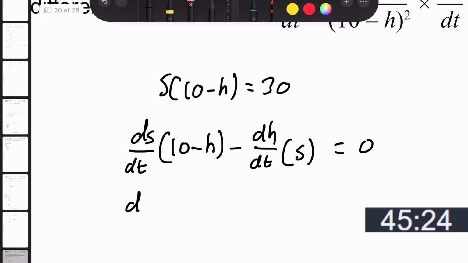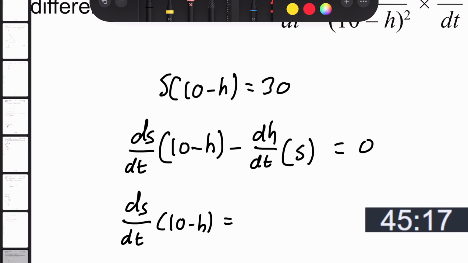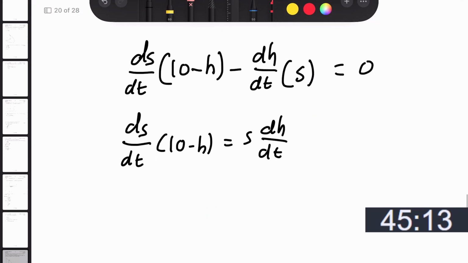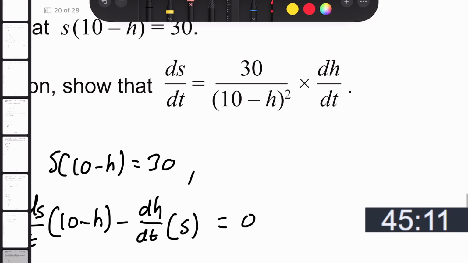So then ds/dt times (10 minus h) is going to equal s times dh/dt. And here we know that s is equal to 30 on 10 minus h.